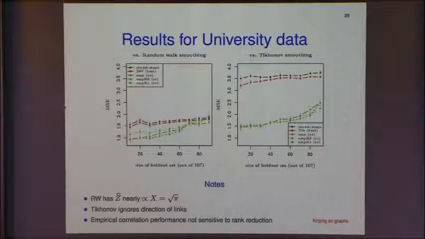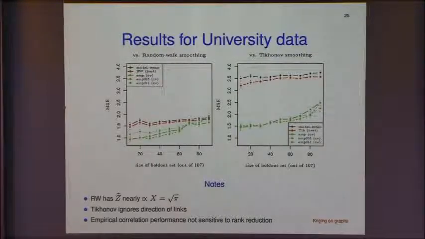The red curve is the random walk smoothing with the best value of lambda that we could find. The black curve is if you just did a regression on the square root of PageRank. This green curve is our empirical stationary correlation matrix using a rank n SVD. We also tried a rank 1 SVD, and that's the dotted one, and a rank 5, which we thought might capture a little bit more.